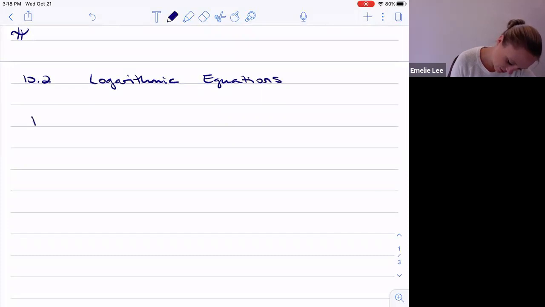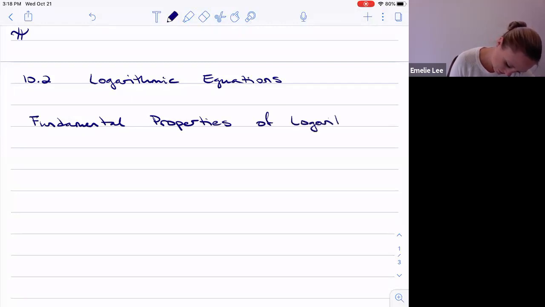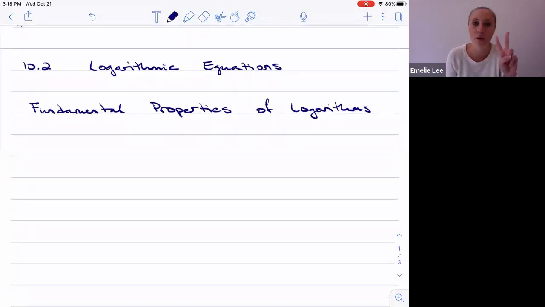And so, of course, they're called the fundamental properties of logarithms. Sounds important. It is, or they are. There are only two, I should say.